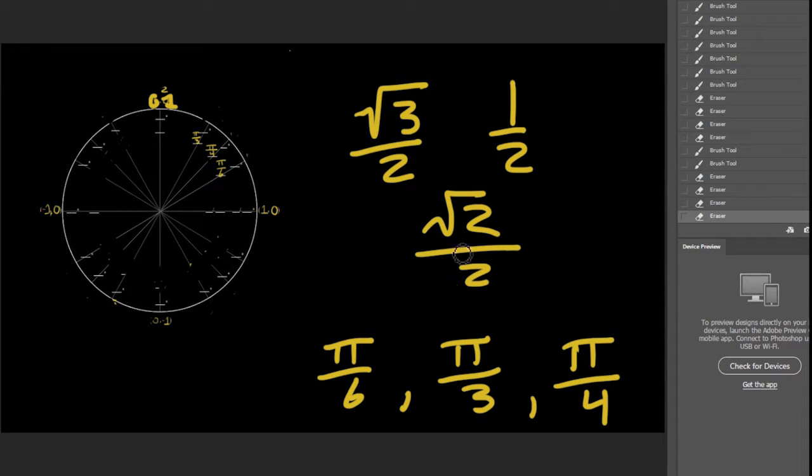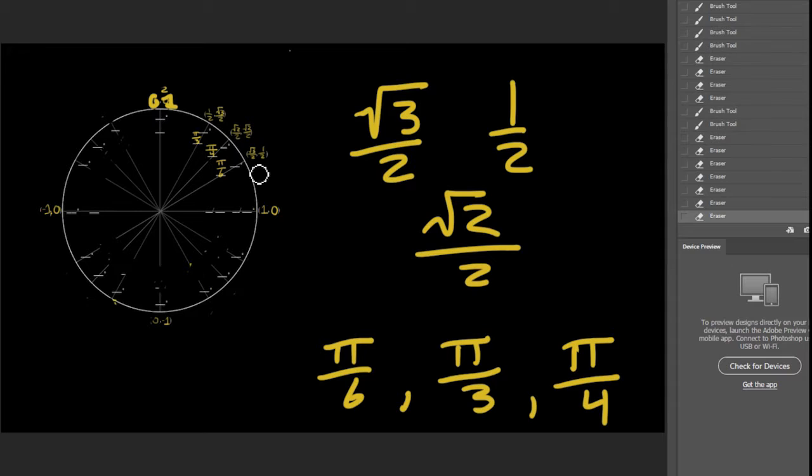Root 2 over 2 only corresponds to pi over 4, as you can see here. This is the coordinate for pi over 4: root 2 over 2 and root 2 over 2. So that's the easiest to remember. These two go for both pi over 6 and pi over 3, and you'll see what I mean right now.